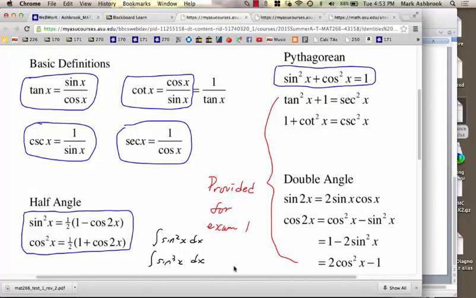And then undoing the chain rule with sine and cosine. So for instance, cosine to the 5th x times sine x. Recognizing that that's undoing the chain rule and being able to do that. So that's why I picked those 3 for the quiz, because they're the most important ones that we'll see the most often in the future.